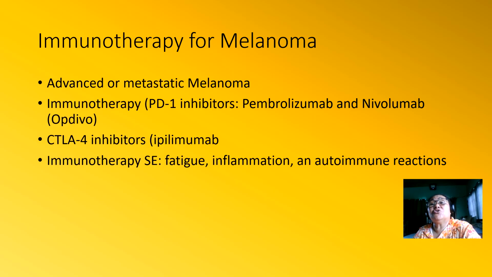Another one is CTLA-4 inhibitors, and one example here is ipilimumab. They work by increasing T cell activation. They were mostly combined with PD-1 inhibitors just to improve the treatment effectiveness in some patients.